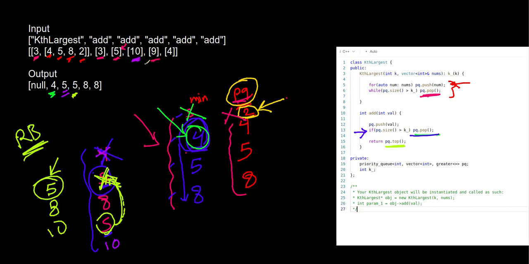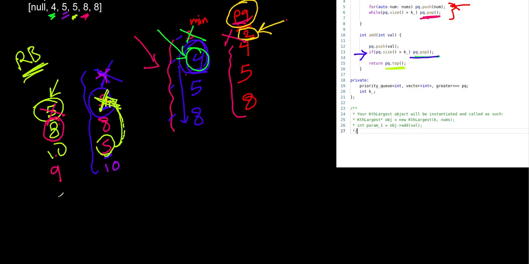Then we have add 9, we remove the smallest, we have 8, 10, 9, the smallest is 8, so the answer is 8. Then we add 4, so the queue has 8, 10, 9.